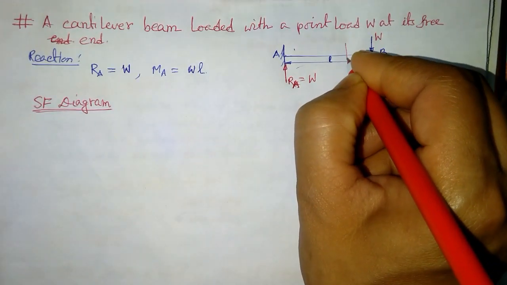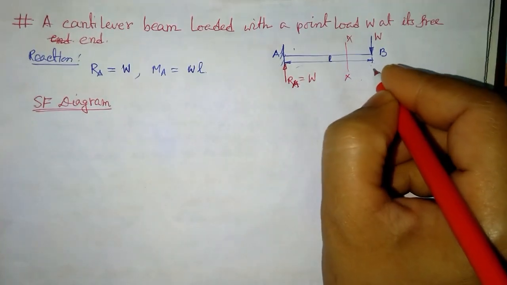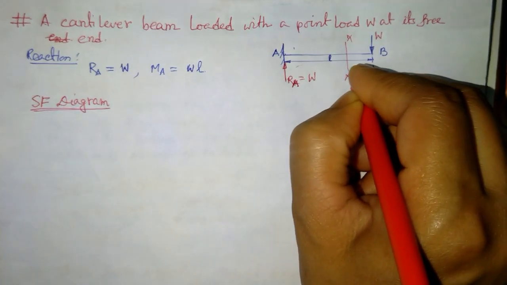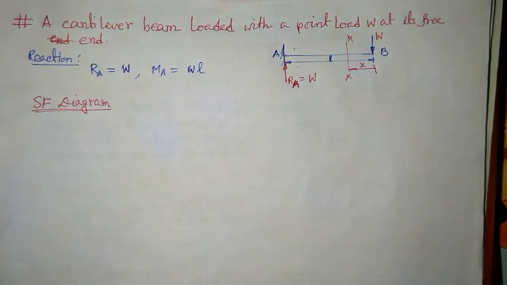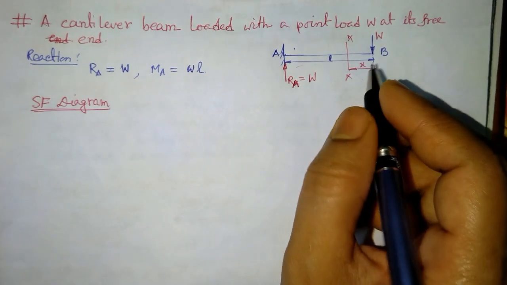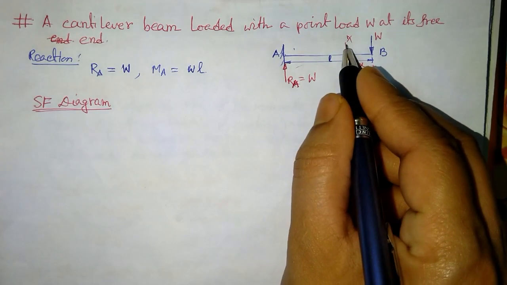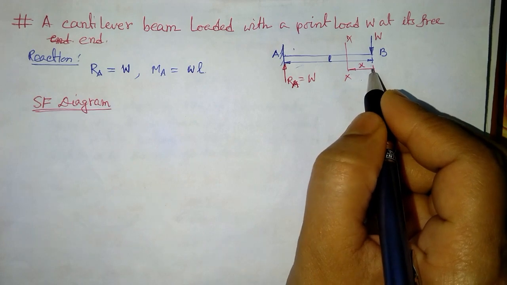So we take one section called XX, at a distance X from the free end B. Keep it in mind: when you are going to draw the shear force and bending moment, the section should always be taken from the free end.